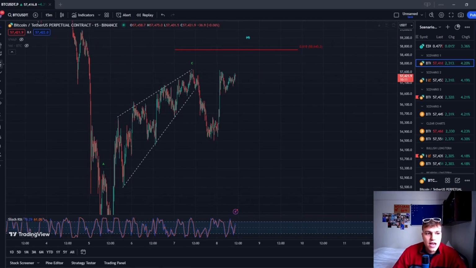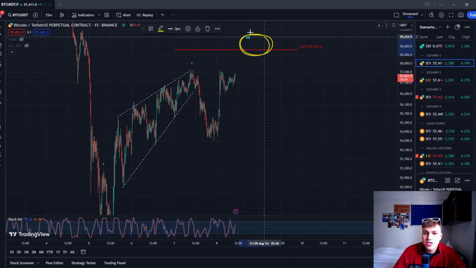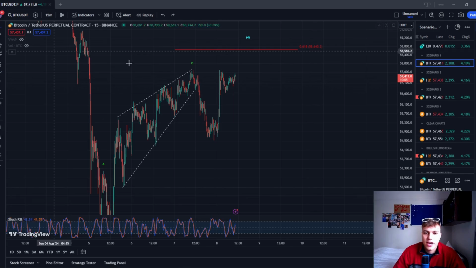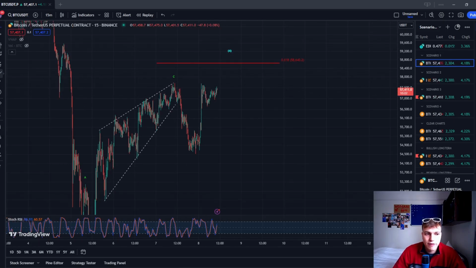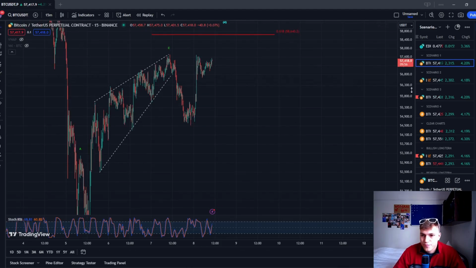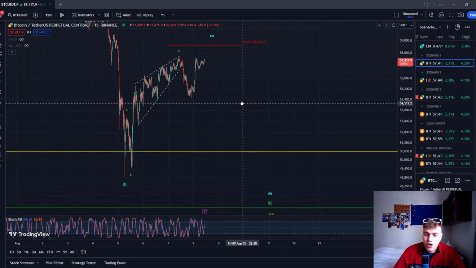A possible wave 4 is still in play, and we should still then see wave 5 to the downside. Now remember, wave 4 invalidates at 58,640, touching the 618 fib ratio. Now, this is our first scenario on the chart.